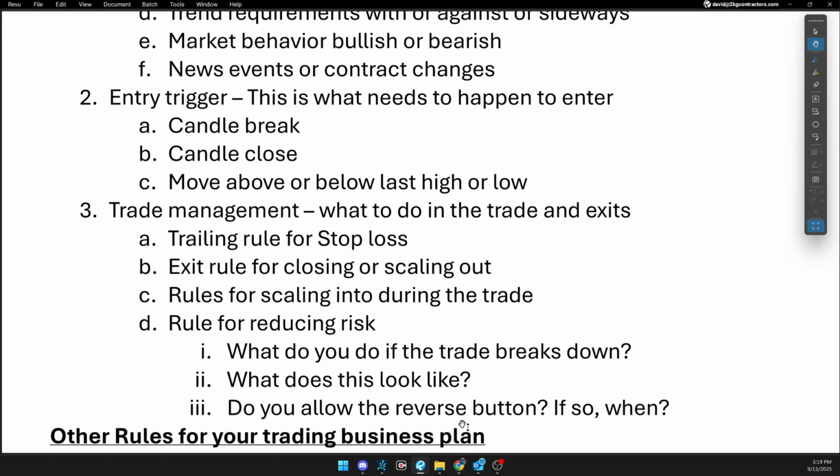Maybe you can hit the reverse button, but what's the rule for that? Why are you allowed to? What rule are you putting in place for that? Having these different little rules, these different little no's, helps you be a lot calmer when you're in a trade, because you're ready to take on whatever's coming your way.